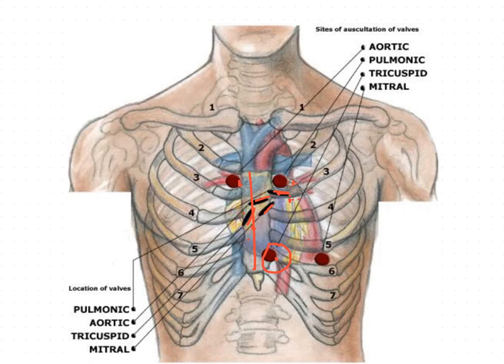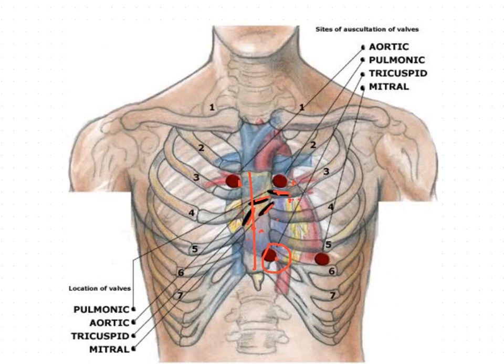Most of the valves, the pulmonary, aortic and mitral valves, are present on the left side behind the left half of the sternum, whereas the tricuspid valve is present behind the right half of the sternum.